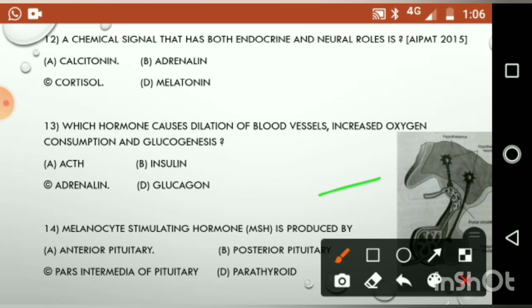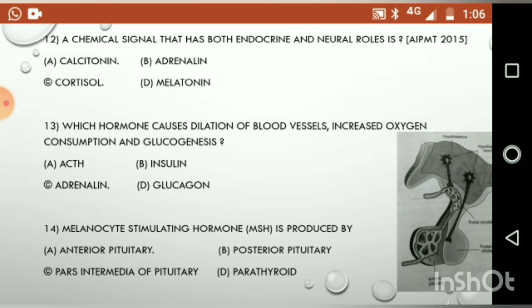I think you all will not be able to see this picture properly. This is the picture of the pituitary gland. Okay, let me explain without pencil or pen. The pituitary gland has two parts: anterior pituitary and posterior pituitary. Anterior pituitary is called the adenohypophysis. Posterior pituitary is called the neurohypophysis.